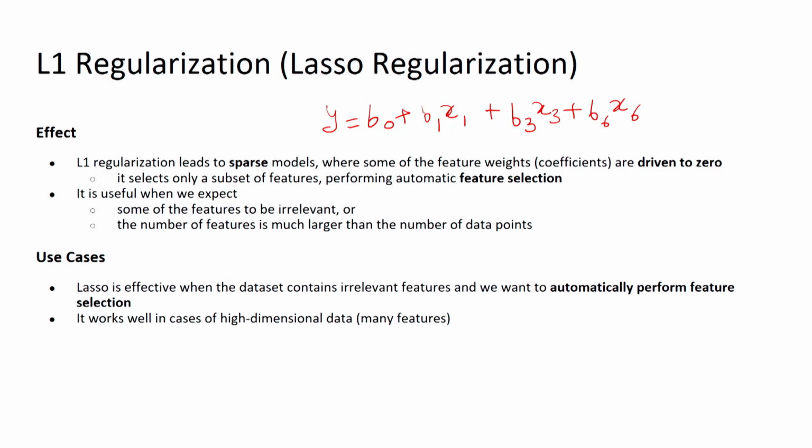We should use lasso regularization if we have the idea that there may be some irrelevant features in the data set, or sometimes when your data set has a large number of features. So, if it is a high dimensional data set, lasso regularization can also work as a feature selection method. It will select only those features.